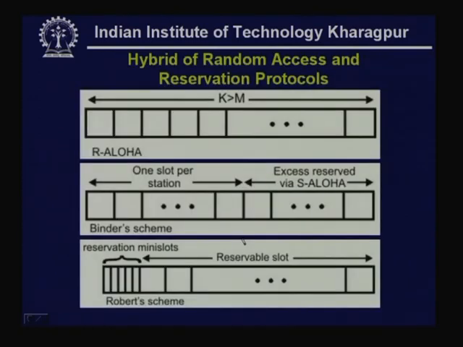Let us quickly have a recapitulation of the techniques that we used. We have already discussed in detail reservation Aloha, which is used when the number of ground stations is larger than the number of channels. The reservation is done by directly trying to send in different slots.